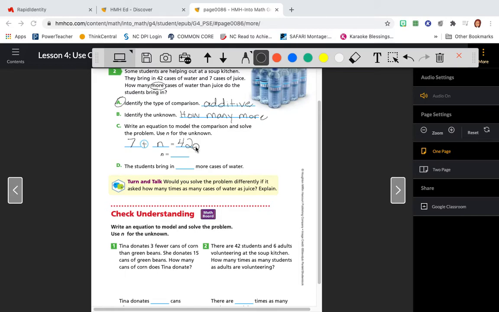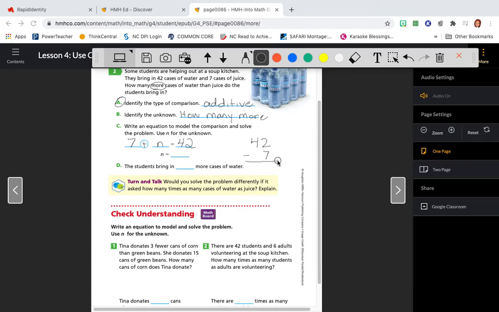So, what do we need to do now? We need to do an inverse operation. Now, we've been working with multiplication and division. Those are the opposite. But we're adding this time. So, what do you think the opposite of addition is? It's subtraction. So we need to take the numbers that we have and subtract. So 42 subtract 7.